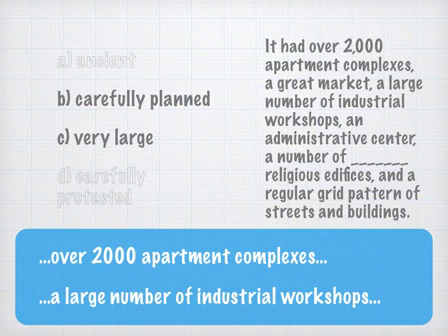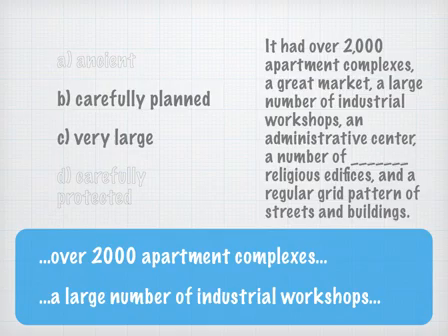We have carefully planned. If something's got a large number, we've got 2,000 apartment complexes and a great market and a large number of industrial workshops, it's fairly reasonable that all of this needs to be planned. And given the number of people, the number of things that we've got in this paragraph, we can imagine that they are actually carefully planned.